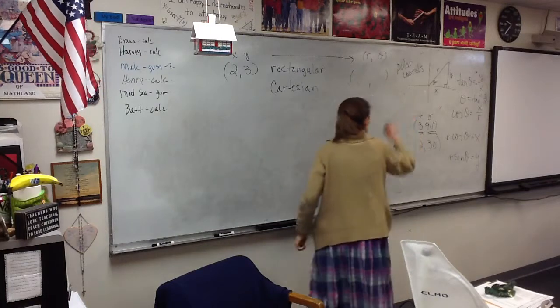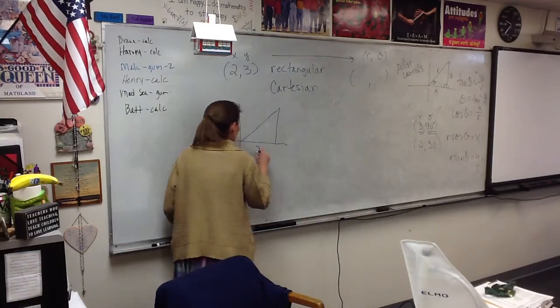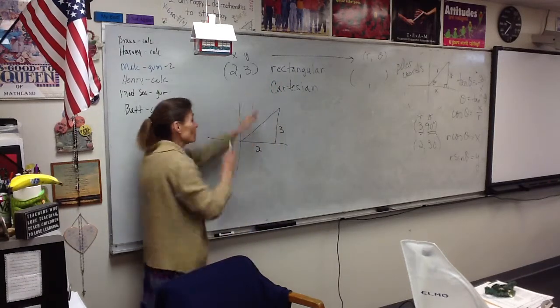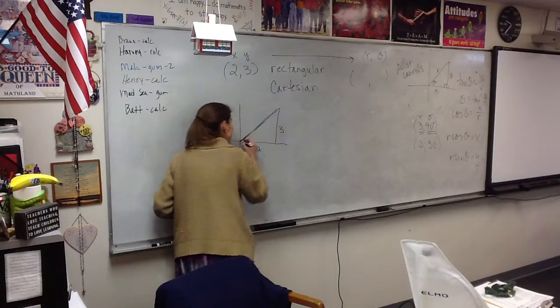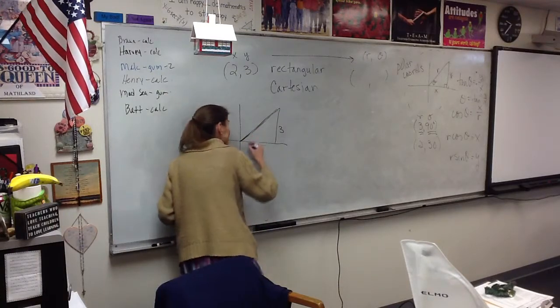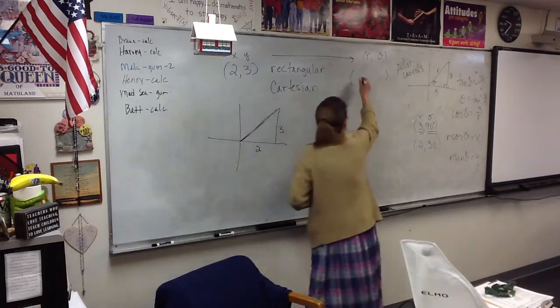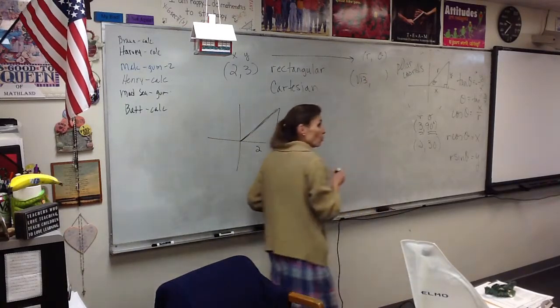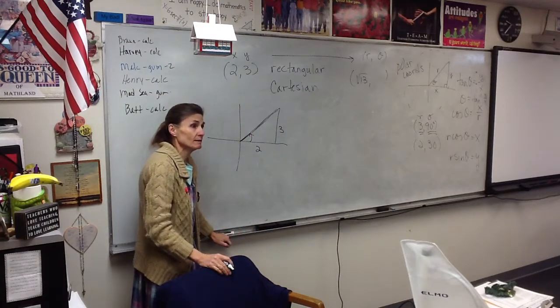And I encourage you to use that picture. Over 2, up 3. That's what we've got here. What's R? This is not confusing for you. What's R? You've done it a million times. Square root of 13. What's theta? This is theta. How are you going to find theta?